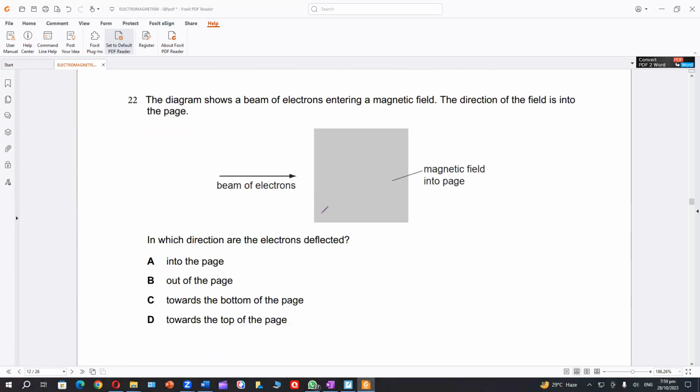Everyone should contribute to the answers because it's MCQ practice, not a solution. The diagram shows a beam of electrons. When the beam of electrons is moving to the right, current should be shown to the left. Magnetic field is in the page. Let me make crosses here.